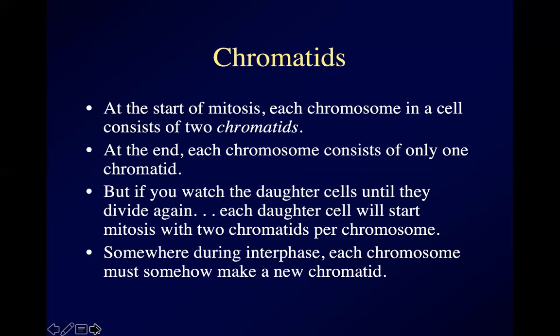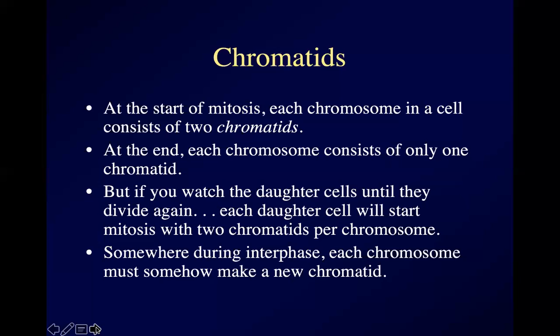But if you were to watch a cell divide and then watch the daughter cells when they divided again, every daughter cell would start with chromosomes consisting of two chromatids. So somewhere where we can't see it during interphase, each chromosome somehow makes a new chromatid. How it does this, we're going to have to wait until we've looked into what chromosomes are actually made of.